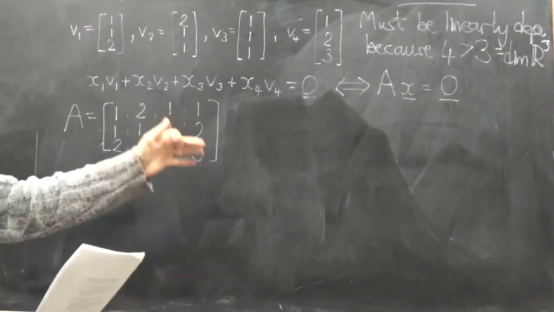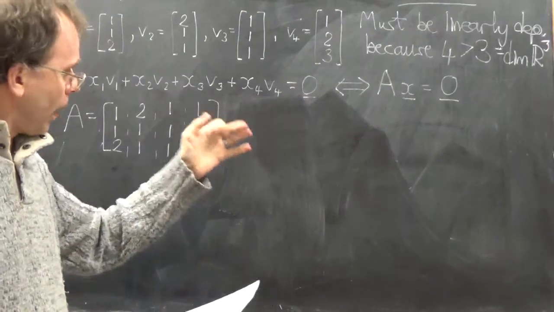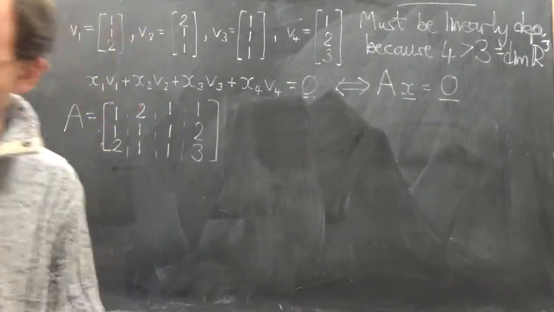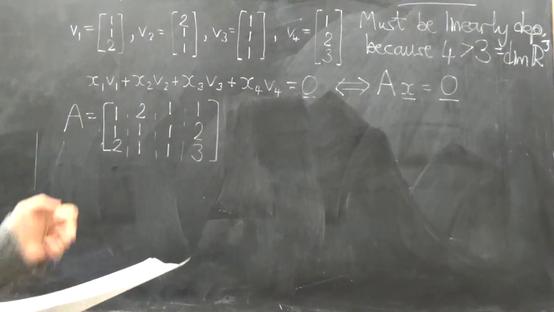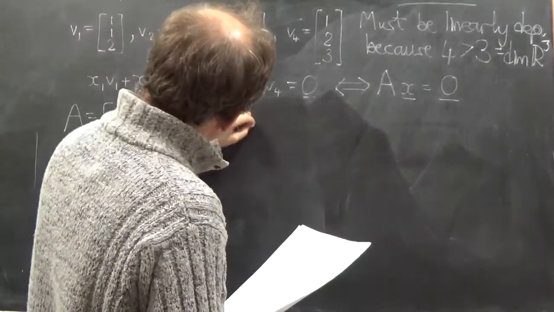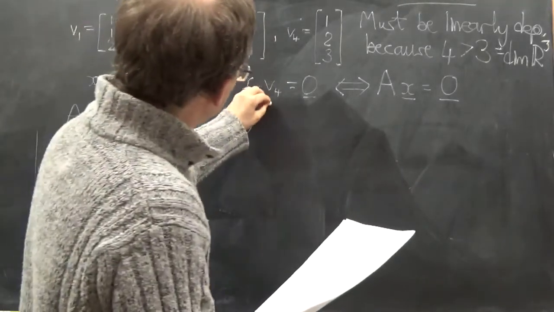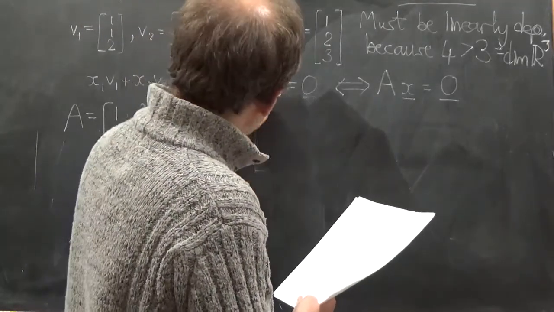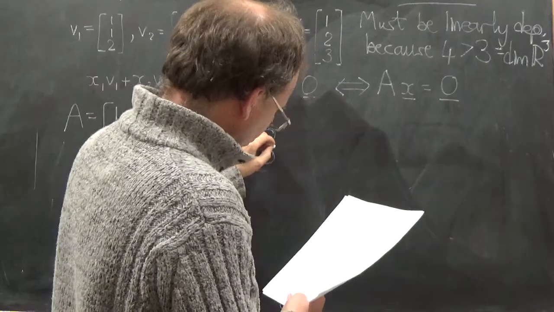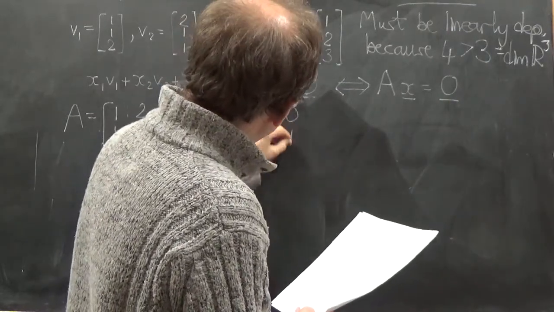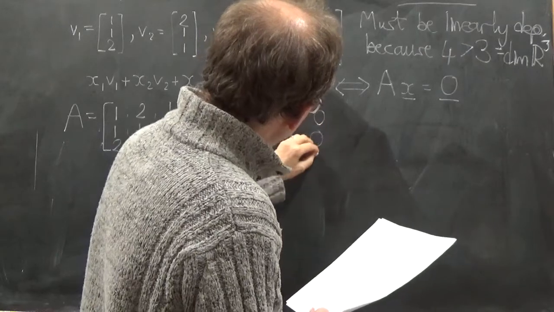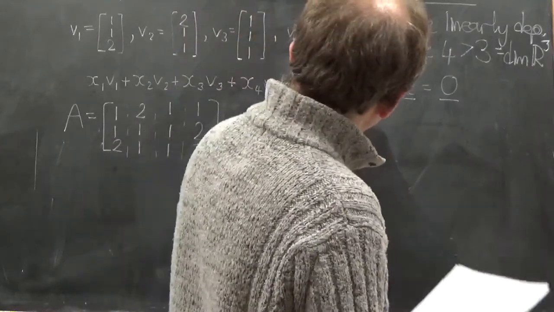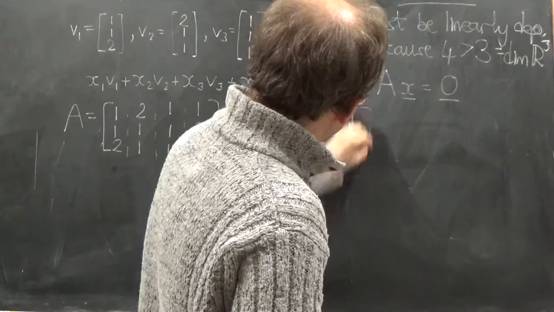So you reduce this by a series of elementary row operations, which I won't spell out in detail because I think you all know how to do this. After a sequence of elementary row operations, we can turn this into the matrix 1, 0, 0, 1; 0, 1, 0, minus 1; 0, 0, 1, 2.